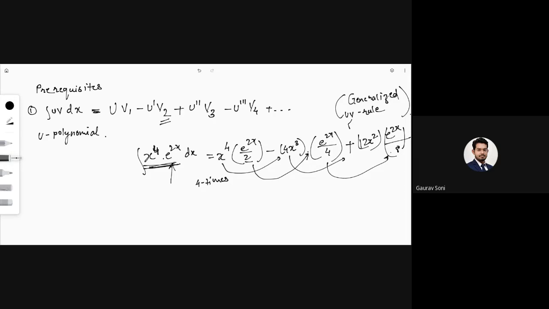I'll go ahead: minus the derivative of 12x square, which is 24x, into one more integration of this, e to the power 2x upon 8 into 2, 16, plus one more derivative of this, which will be 24, and integration of this, e to the power 2x by 32. So you can see that in just one step I have done the UV rule 4 times, and if I go ahead, the derivative of 24 will become 0. This formula is only applicable when one of the terms is a polynomial.